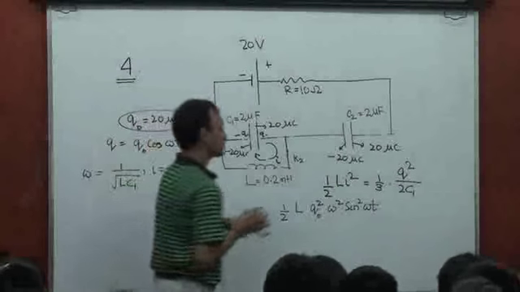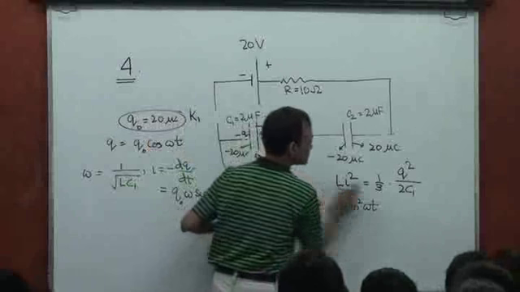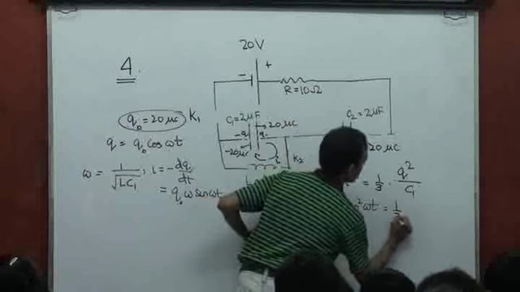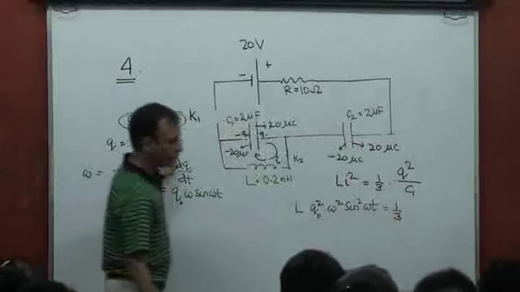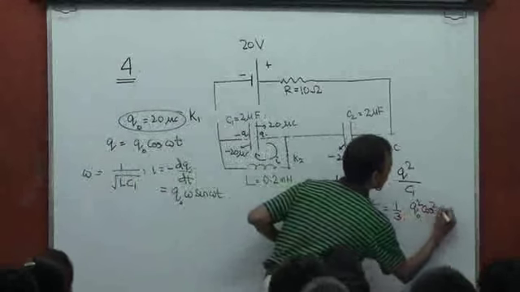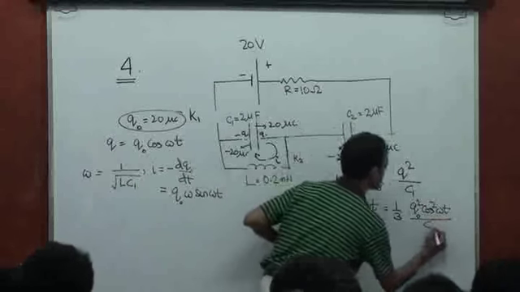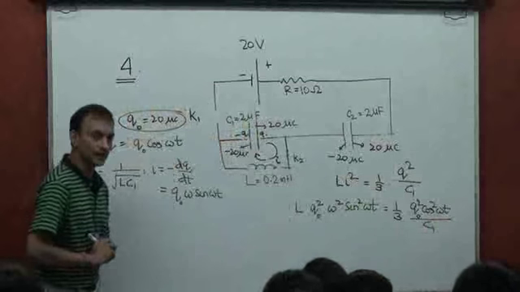Isn't it? That's so. In any case, this half and this half will get cancelled. So this is like 1/3 Q squared. Q squared is Q naught squared cos squared omega t by C1, right?